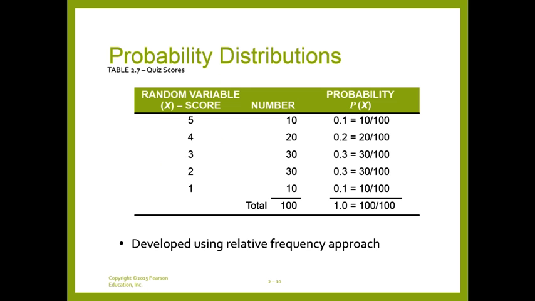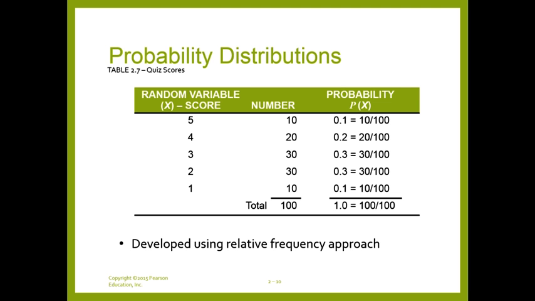And so a table with those discrete variables might look like this. And you might, in your observations, have found, as they did here, that you had 10 5s, 24s, 33s, 32s, and 10 1s.